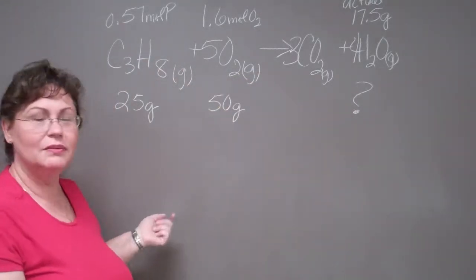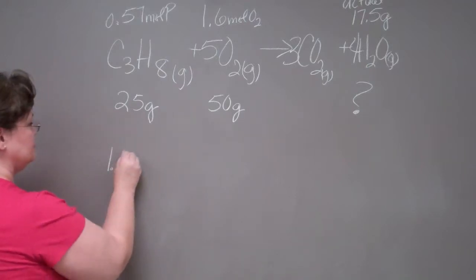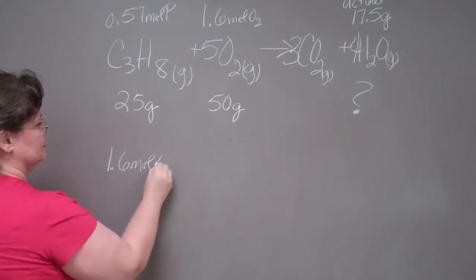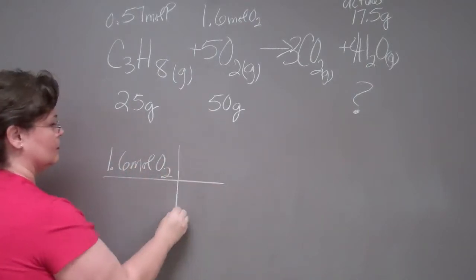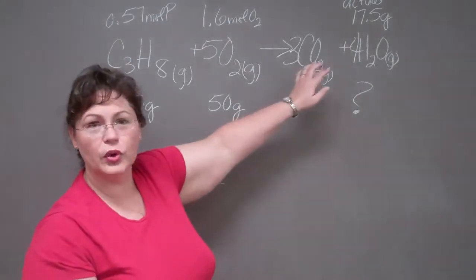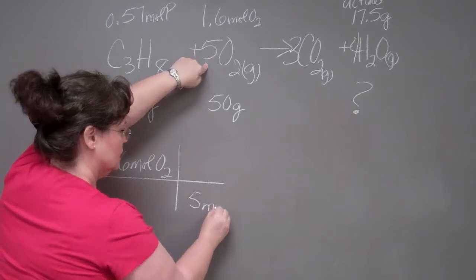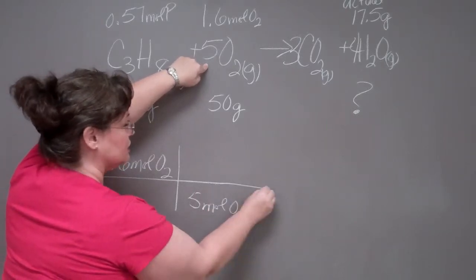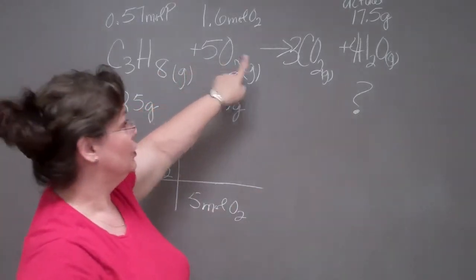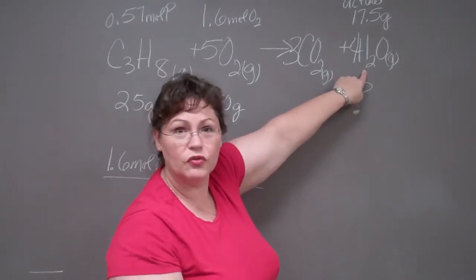Now we start with our limiting reactant. And we use the stoichiometry in our balanced equation again. We have 5 moles of oxygen required to make 4 moles of water.